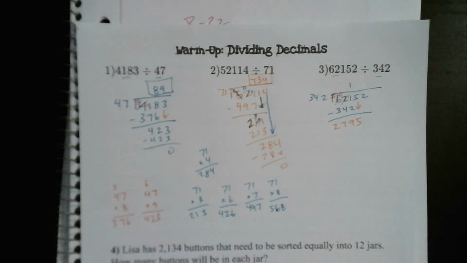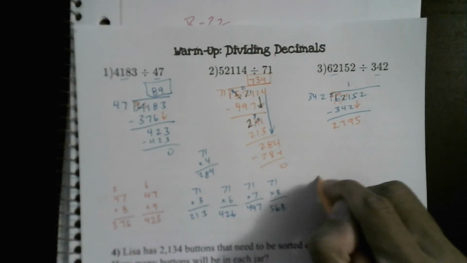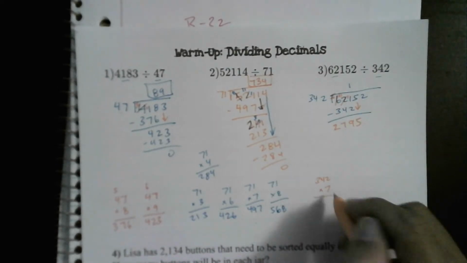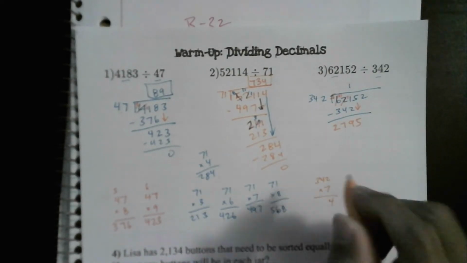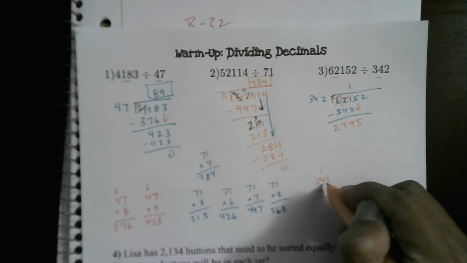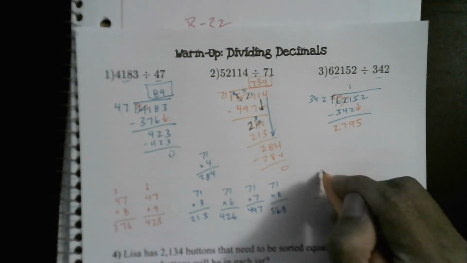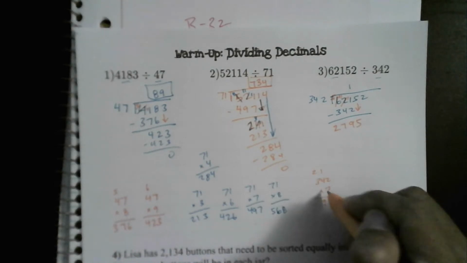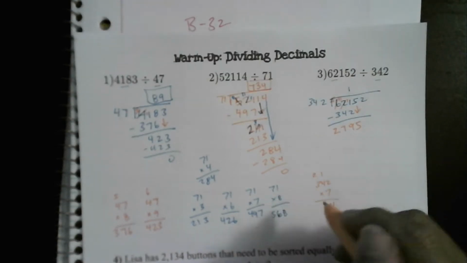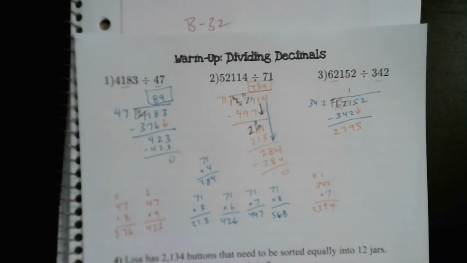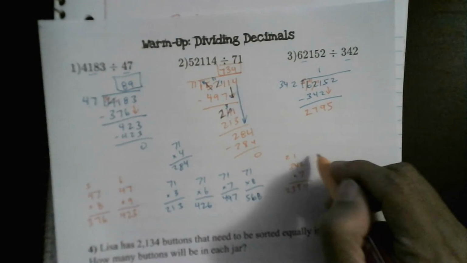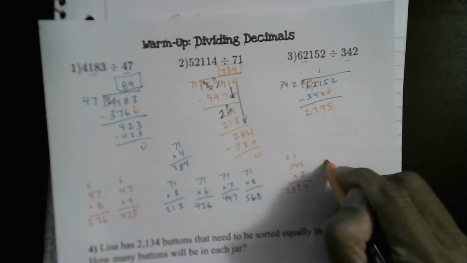Let's try 342 times 7 and see if this works out. 7 times 2 is 14. 7 times 4 is 28, plus 1, 29. 7 times 3 is 21, plus 2 is 23. 2,394. That's pretty close.